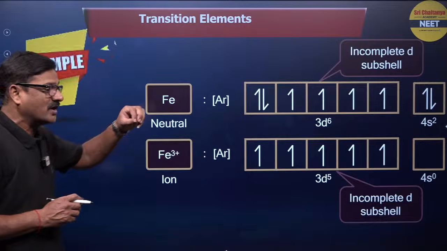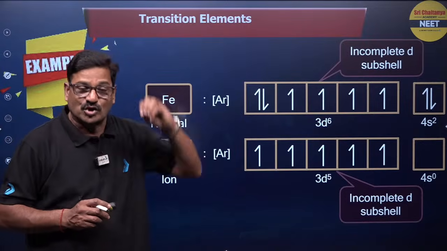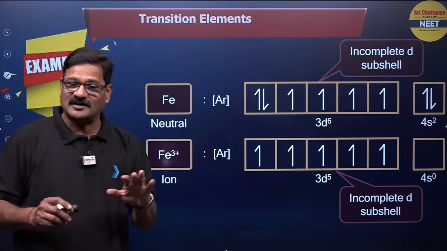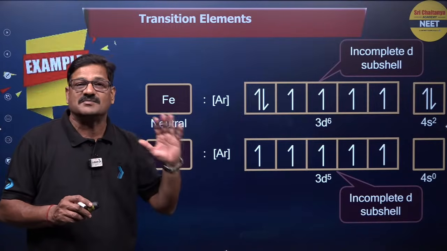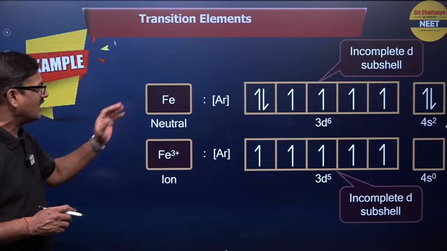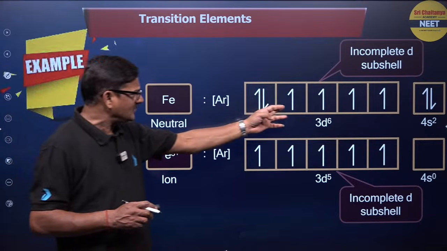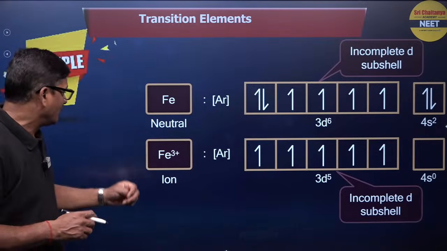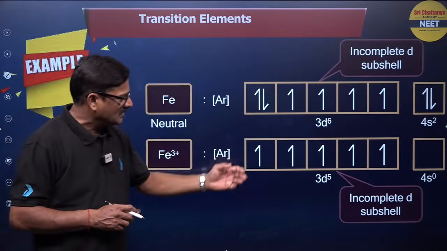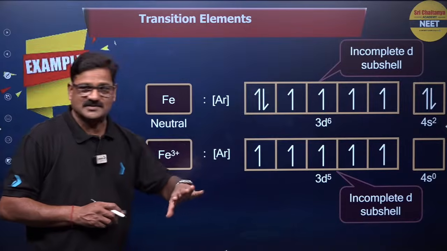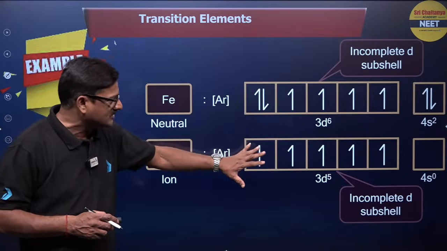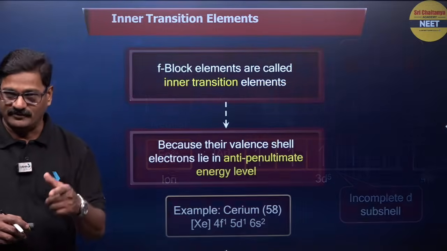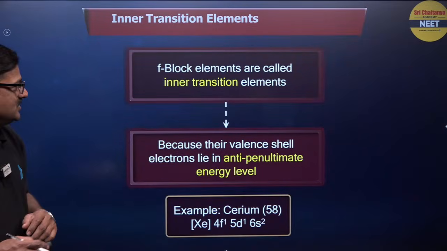The condition for transition elements is that they should have incompletely filled d orbitals either in the ground state or in any stable oxidation state. You can see iron has incompletely filled d orbitals, and in iron 3 plus also there are incompletely filled d orbitals. Either in this case or in this case, you can identify the existence of vacant or incompletely filled d orbitals.